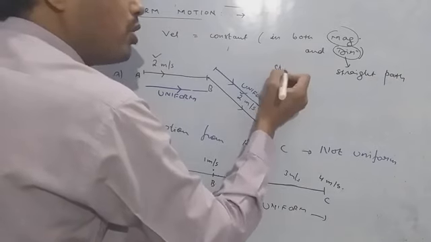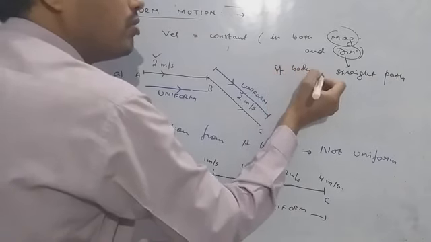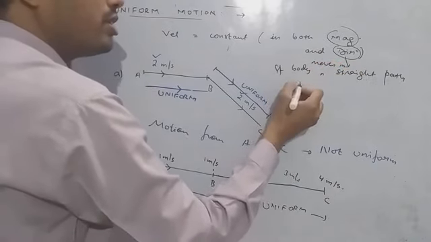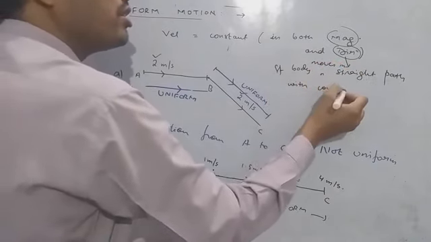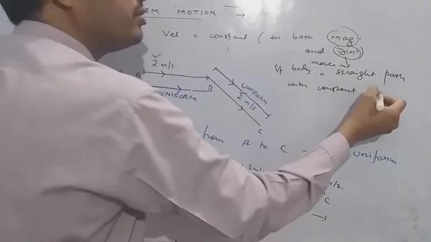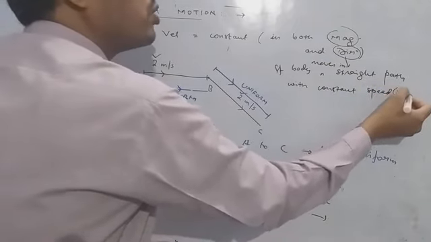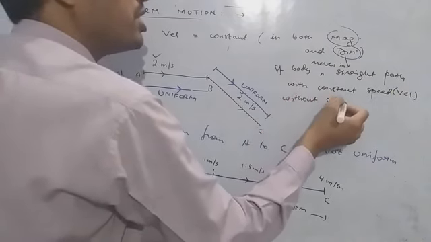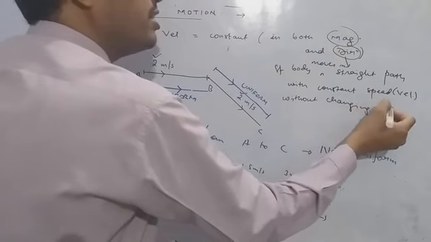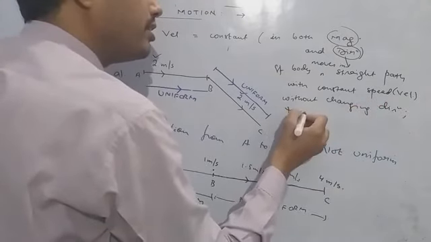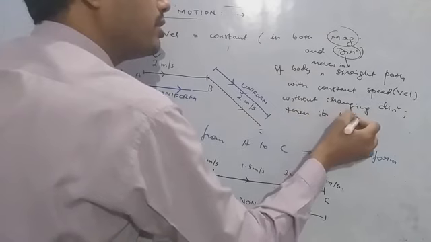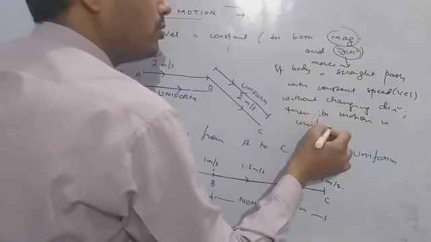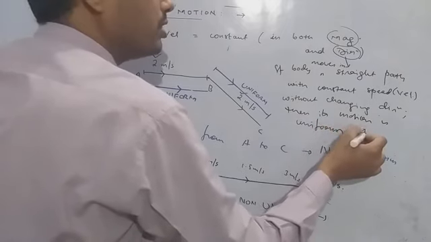So if a body moves in a straight path with constant speed, you can also write velocity, without turning, without changing the direction, then its motion is said to be uniform motion. Is it clear, students?